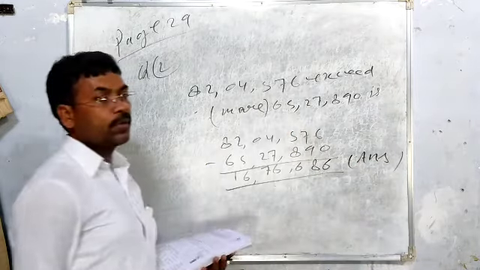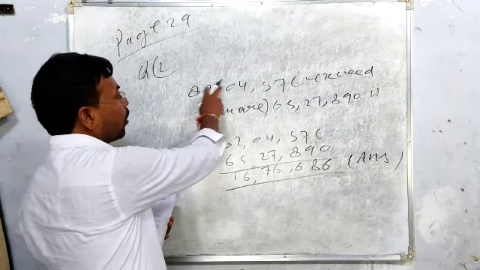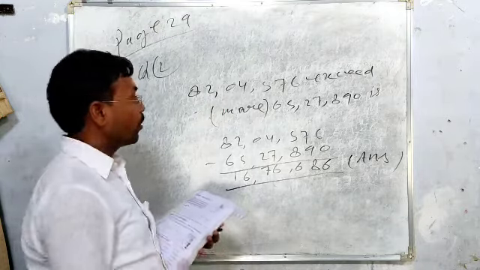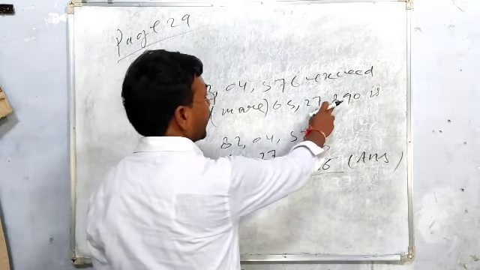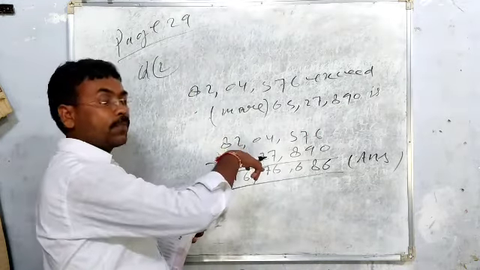I hope all of you understood. Once again, here it is asking by how much 82 lakh 4,576 exceeds, meaning more, I have written here in brackets, 65 lakh 27,890. So we will use subtraction here.